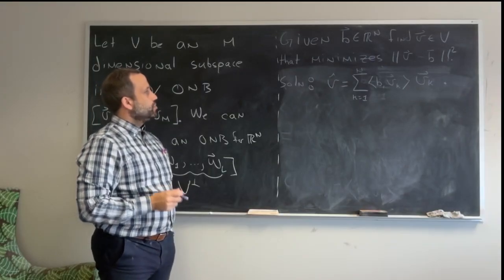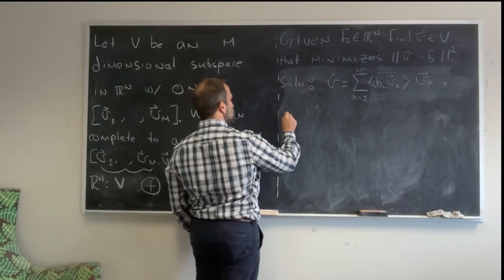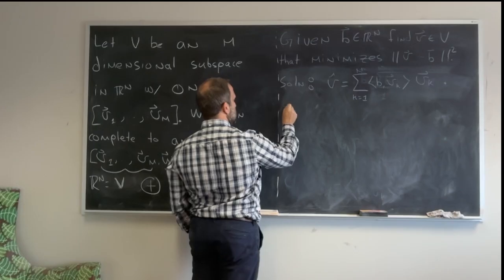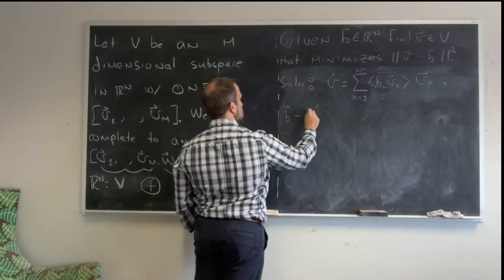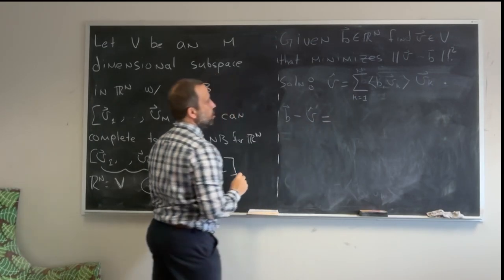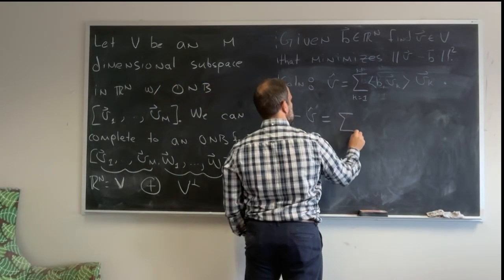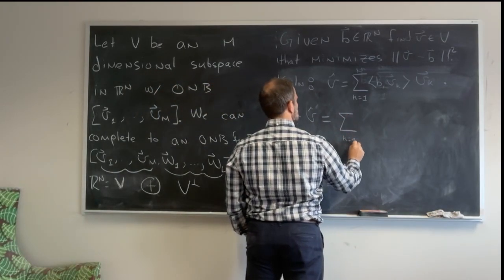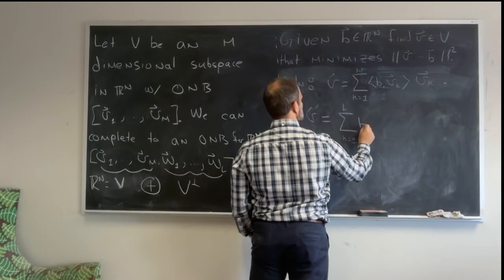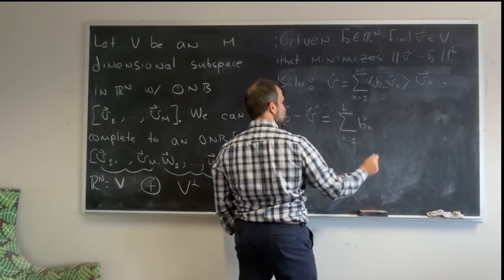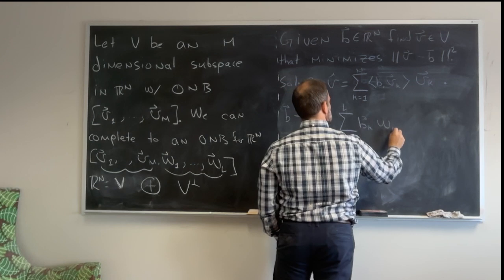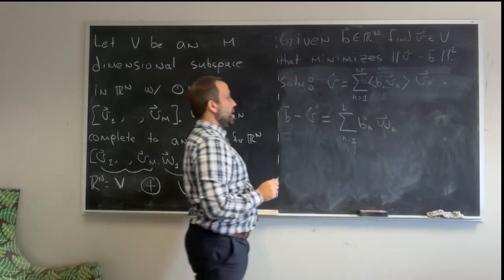Note that if we look at b minus v hat, all we're left with is the sum k equals 1 to l of bk2 times wk.